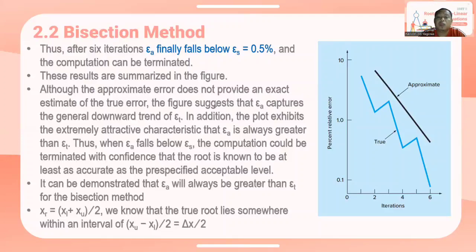It can be demonstrated that sigma sub A will always be greater than sigma sub T for the bisection method.